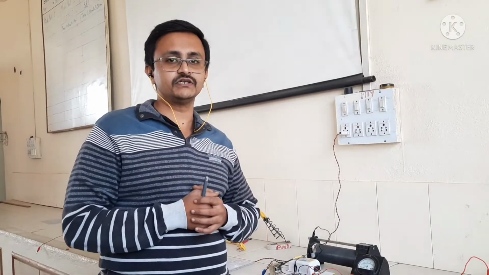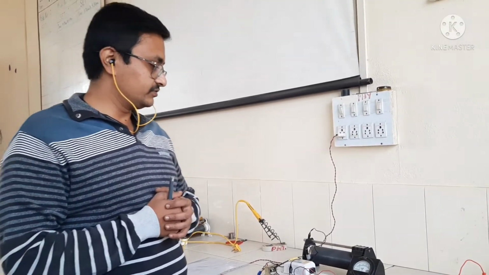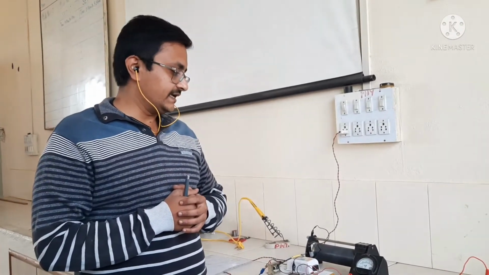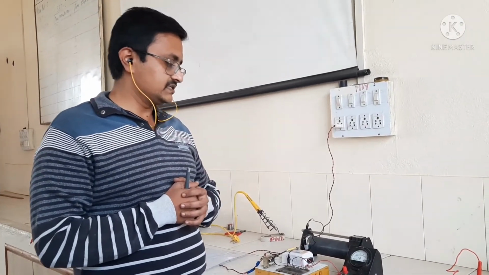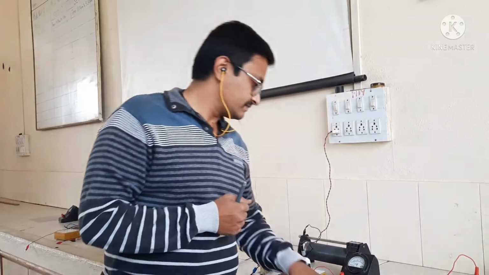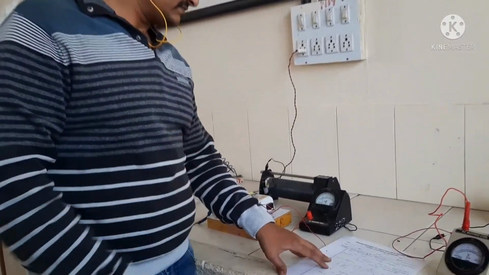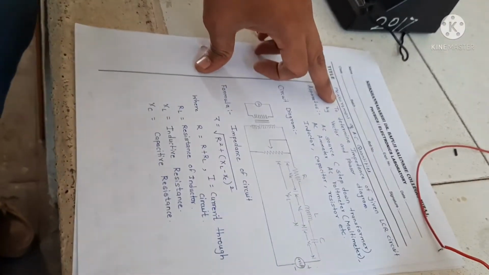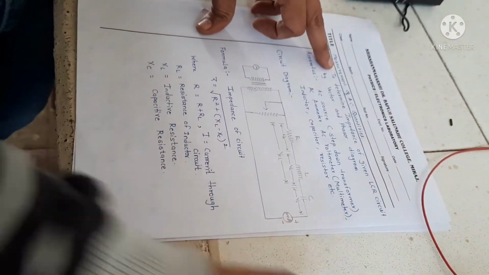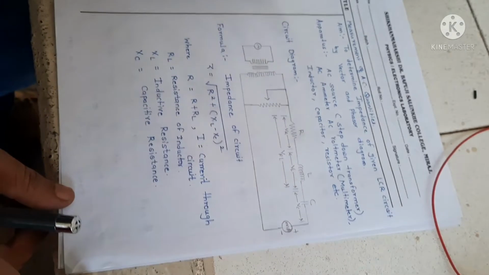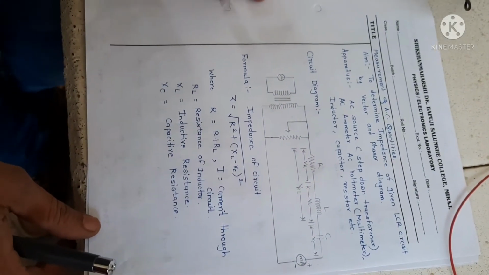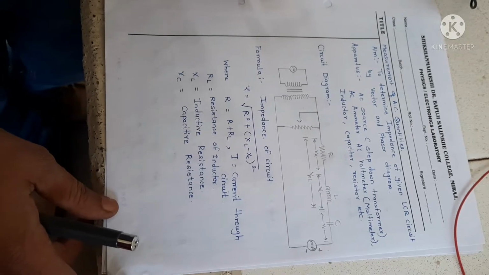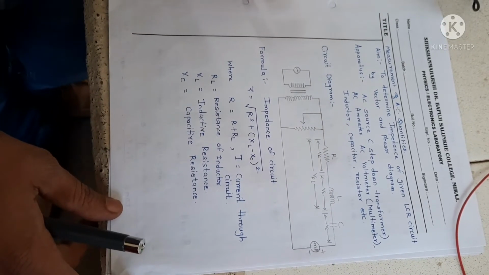Today we are going to see one of the experiments from Electricity and Magnetism, BSc 1 Physics. The title of the experiment is Measurement of AC Quantities, and the aim is to determine the impedance of a given LCR circuit by vector and phasor diagram.